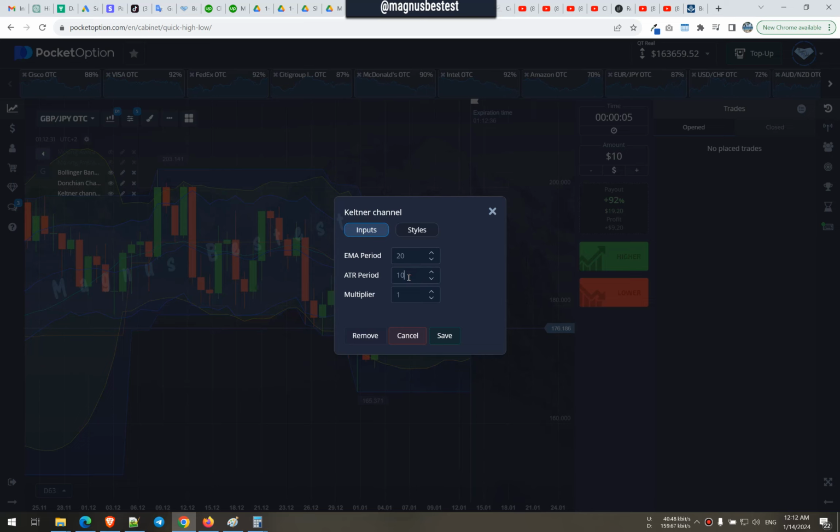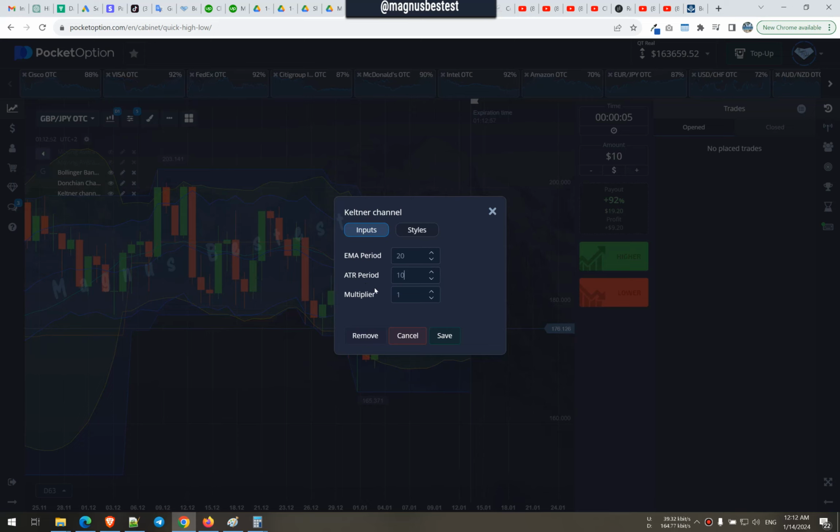So here I actually want to explain later, but here you can see that in comparison to the Donchian channels, the Keltner channel uses ATR, average true range, which I was explaining in my previous video.